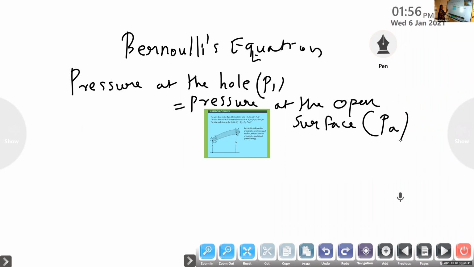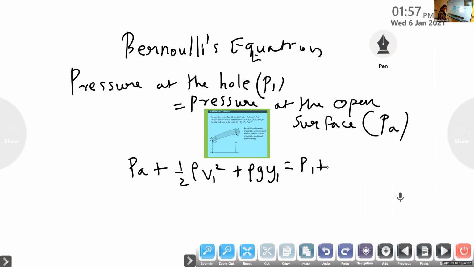So now by substituting in the conservation of energy equation, we can write it down. PA plus half rho V1 square plus rho G Y1 is equal to P1 plus rho G Y2.